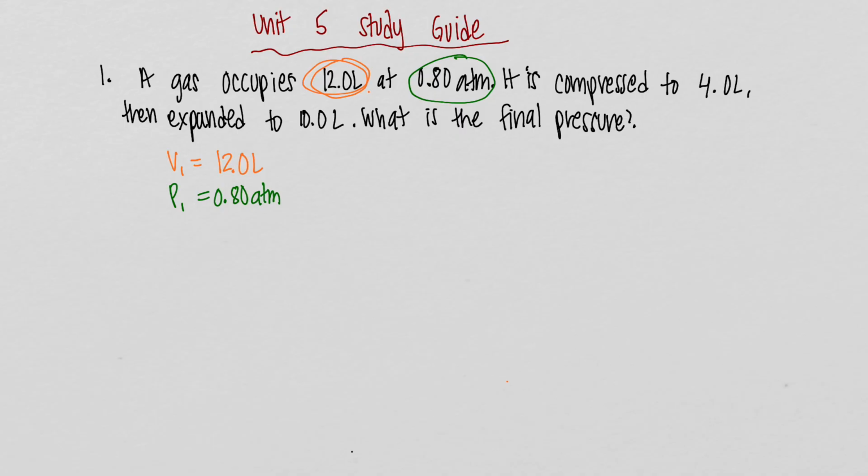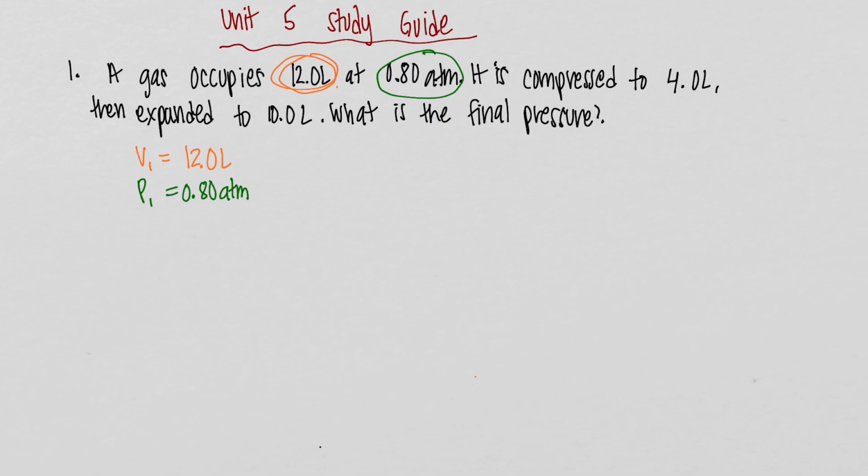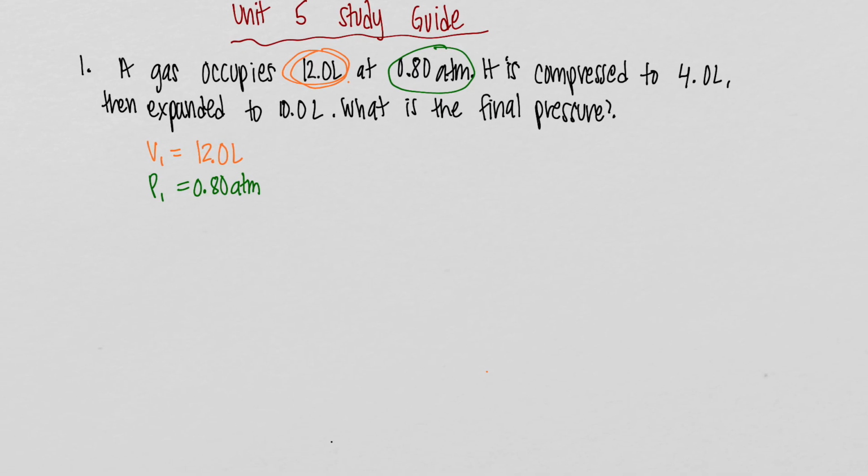You can do 2 things. So you can do 2 steps, okay? Or you can go straight to the end. If you're starting off with 12.0 liters and 0.80 atmospheres, you can use this final volume right here to find your pressure if you don't want to have to be dealing with this 4.0 liters. I'll do both ways. You decide what makes sense for you.